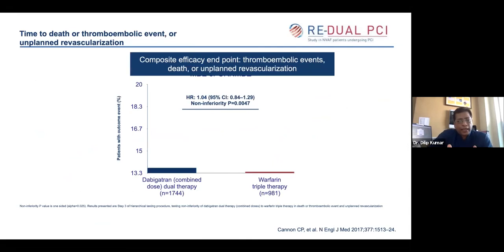By this time, it was very clear that dual therapy was giving us less bleeding without compromising the ischemic endpoints. But it was not clear which was the driver, whether dropping aspirin was driving the lesser bleeding, or whether NOAC was driving the lesser bleeding as compared to vitamin K antagonist.